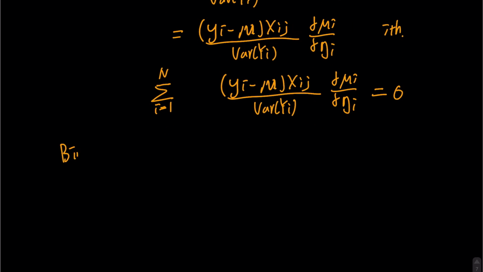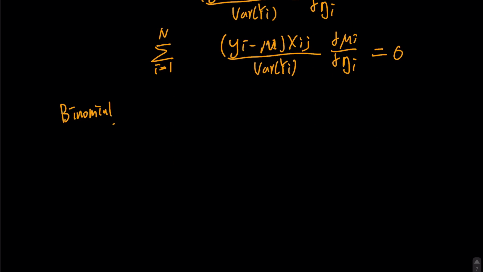Let's look at some examples. In the binomial case, in the previous video, I've shown you that the parameter pi_i is equal to mu_i and equal to a link function g of eta_i.